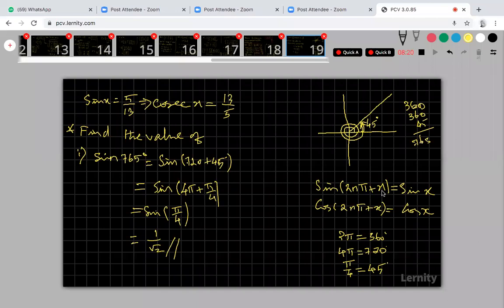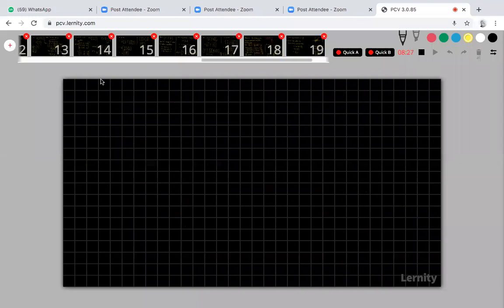So sine of 2n pi plus x is sine x, cos of 2n pi plus x is cos x. Please note the formulas. Sine of 2n pi plus x is sine x. Cos of 2n pi plus x is equal to cos x.